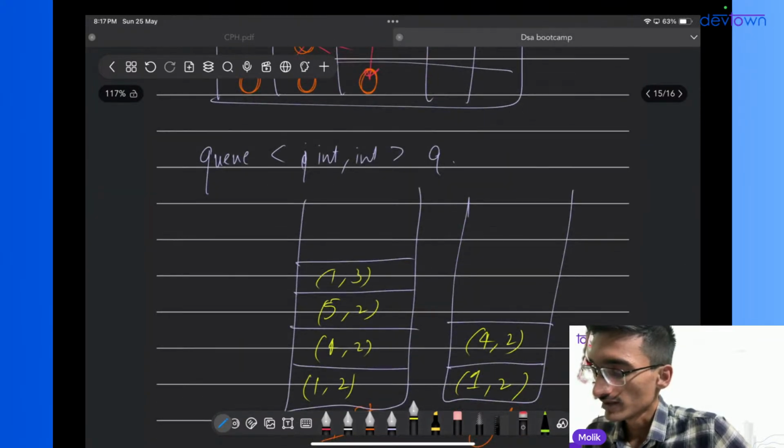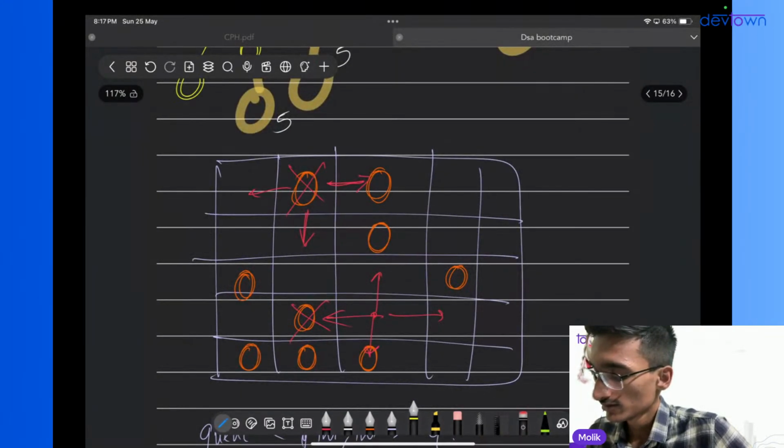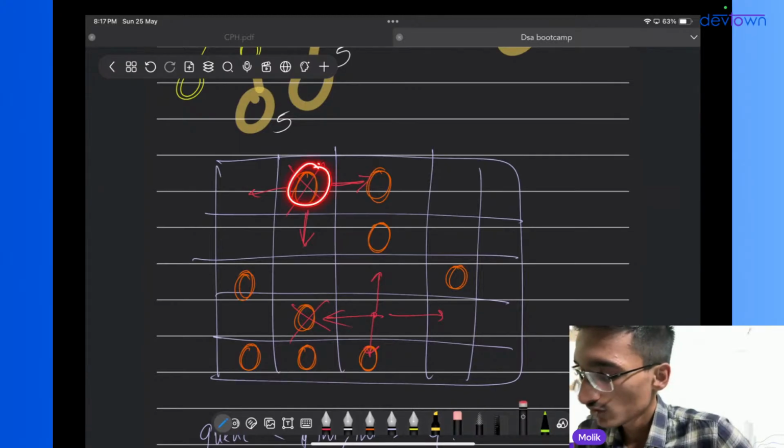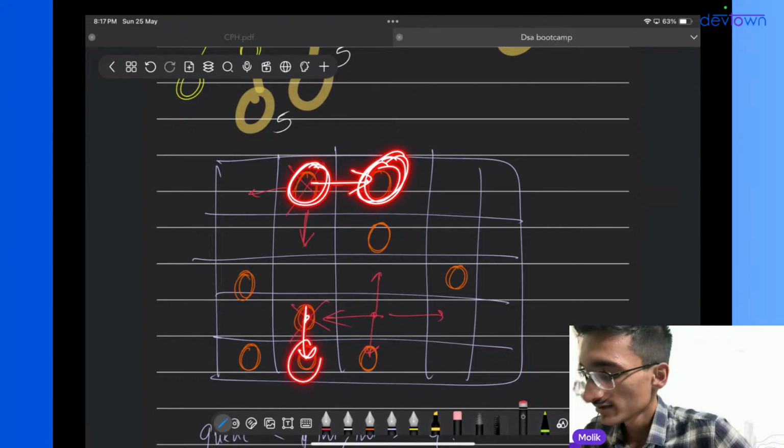and 1 comma 3. Why? Because this orange will infect this orange, and this orange will infect this orange.